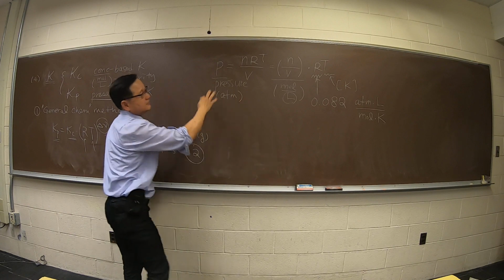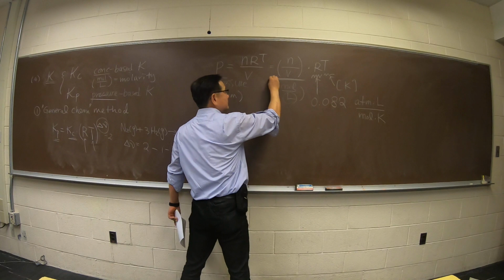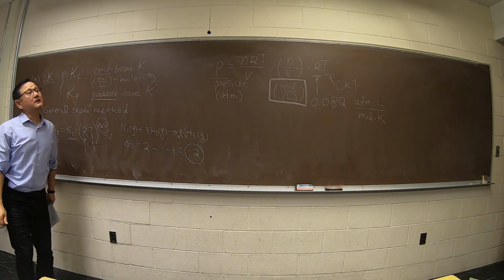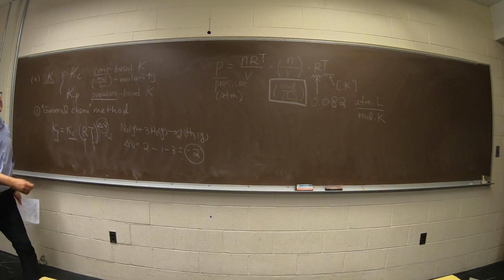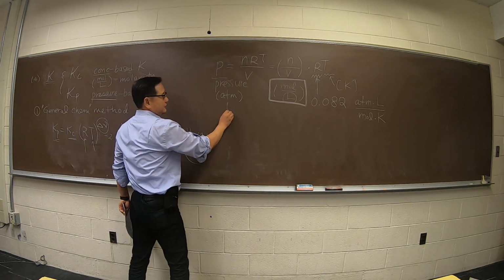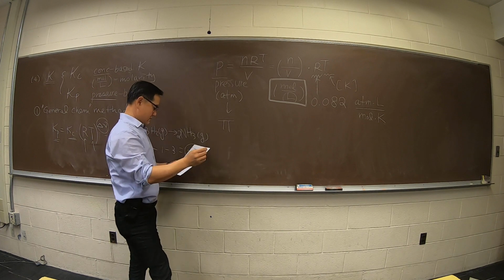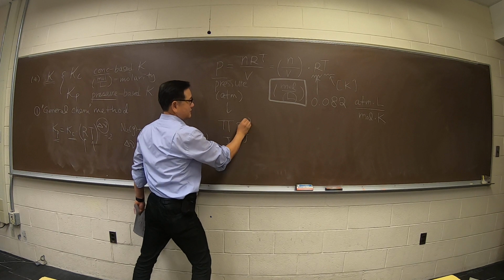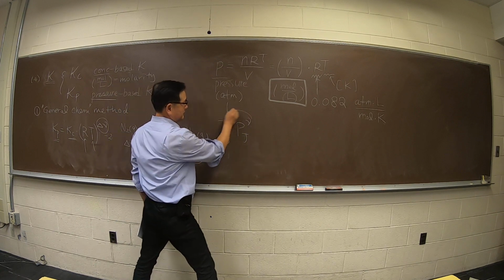So intrinsically, in this equation, if I bias myself to use the volume and the number of moles in this unit to represent the molarity, so if you do this, remember now, that's a Kp.